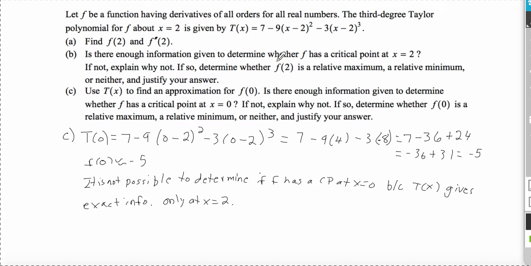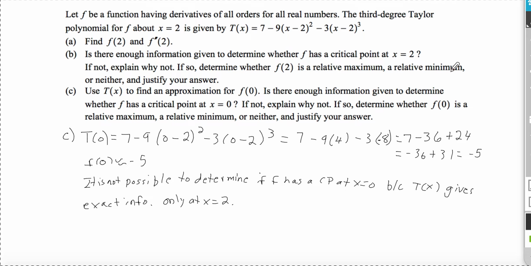Only at x equals 2, because these values and these derivatives were arrived at by using x equals 2. x equals 0 is nearby. This information is not going to be as useful for that and will not tell us exact values about things at x equals 0. Okay? It is not possible to determine if f has a critical point at x equals 0 because t of x gives exact information only at x equals 2. Hopefully that helps clarify some of that.